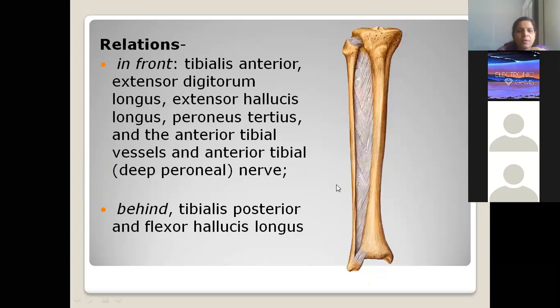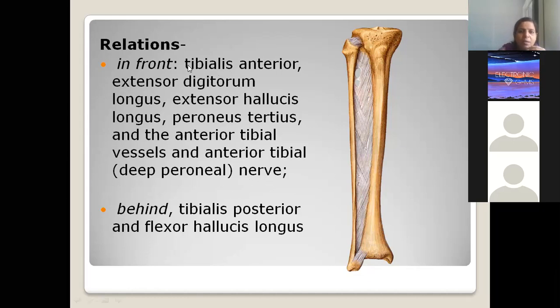Okay. Then, now relations. What are the structures you find in front of the leg? All muscles of the front of the leg. Do you remember I gave you one code once, like the hospitals are never dirty places? To help you remember the structures passing through the superior and inferior extensor retinaculum. The same structures you can write here.